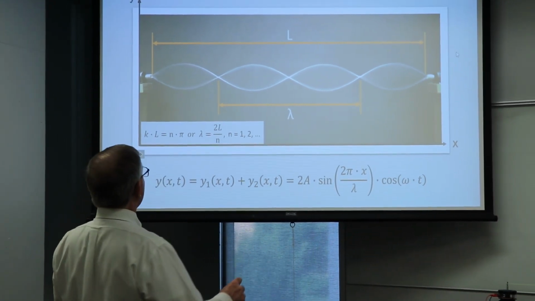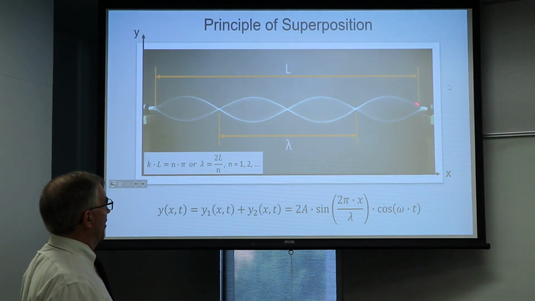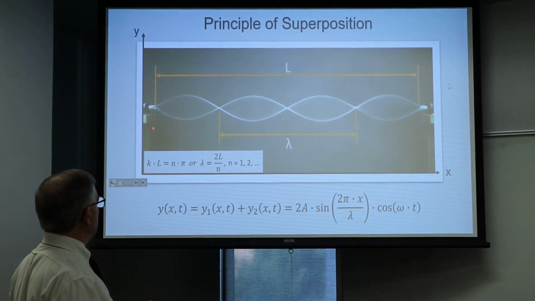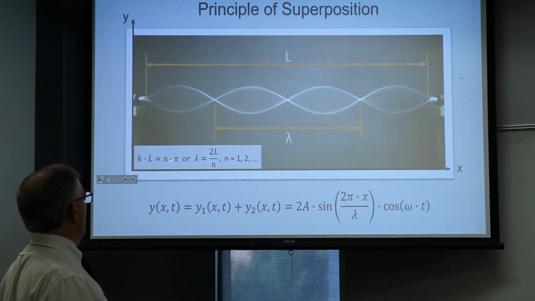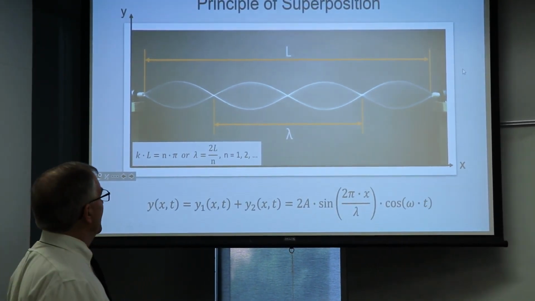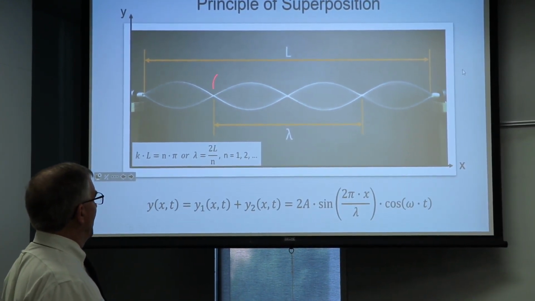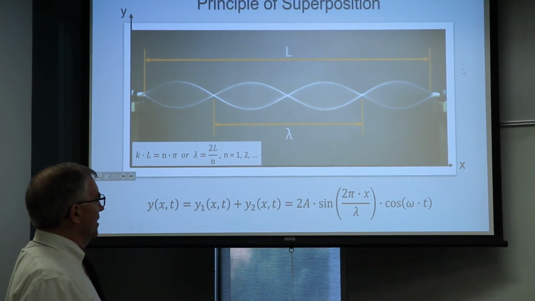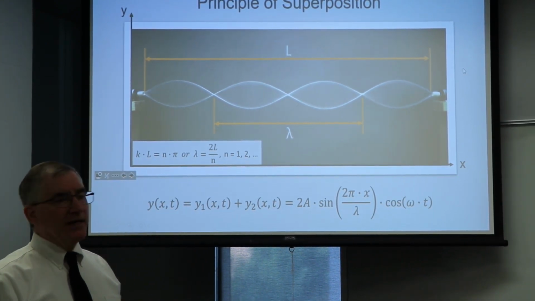All right, so now we can put a condition on making 0 down here. So if k, 2 pi over lambda, times L is equal to so many pi values, where it's 1, 2, 3, 4, 5, then these points are going to be 0. Okay? So 1 pi, 2 pi, 3 pi, you plug that in here, and the sine of pi, 4 pi, 5 pi is 0.